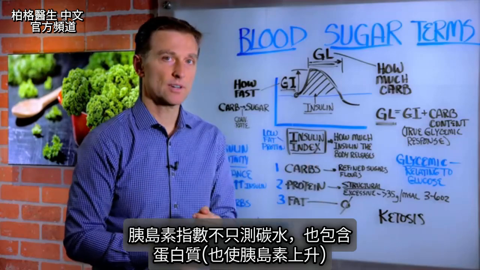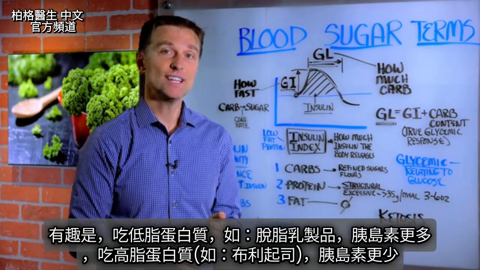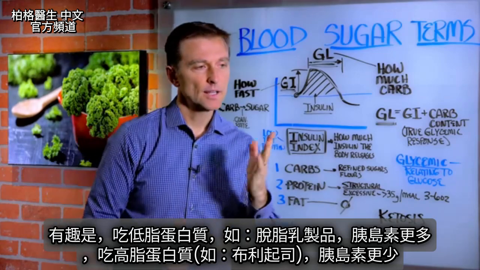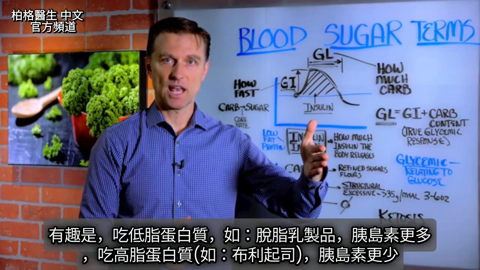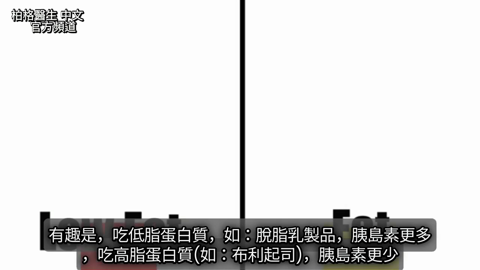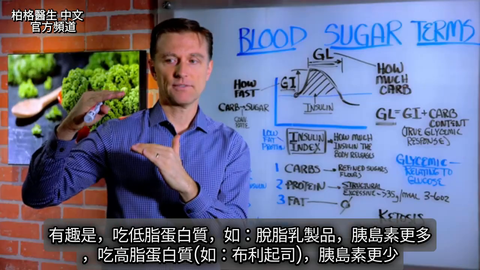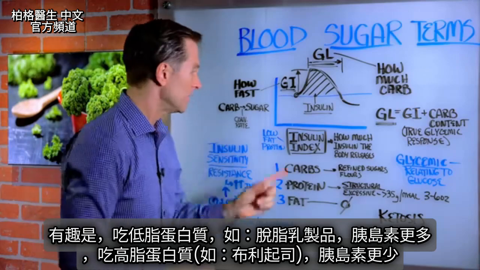You have protein, for example, that can spike insulin. Now it's interesting, if you have low-fat protein, like some type of fat-free dairy, for example, that gives more insulin spike than if you had a fattier protein, like a fattier dairy, like brie cheese. That would give a lower response.